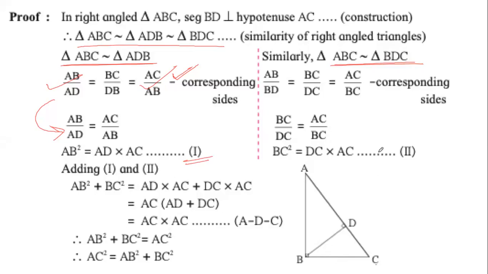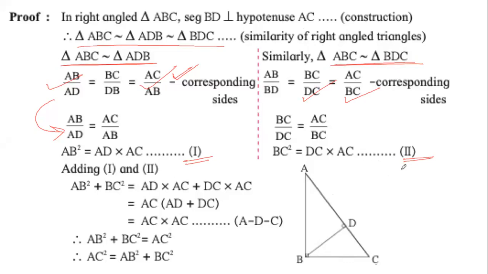Then we'll do the same thing with triangles ABC and BDC. Instead of taking all the three ratios, we will take the second ratio and the third ratio. And when we do the cross multiplication, we get BC square equals DC into AC.